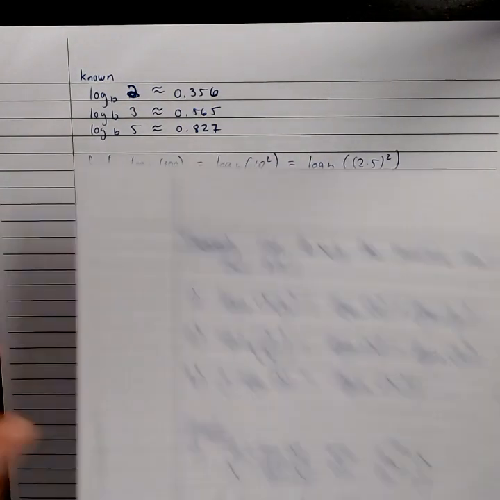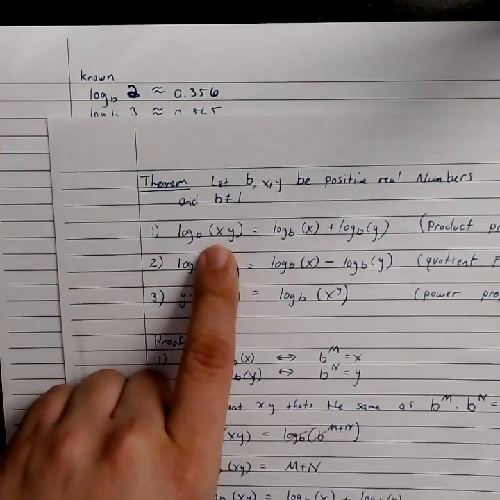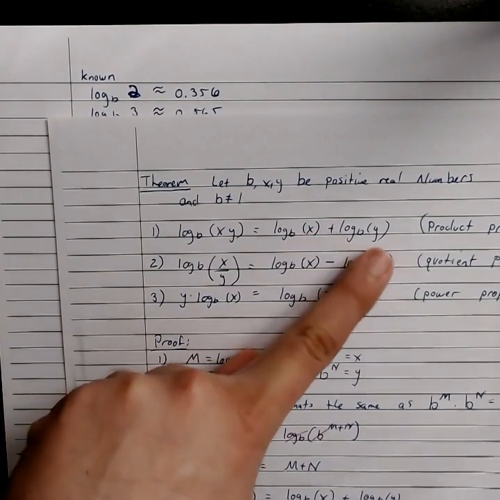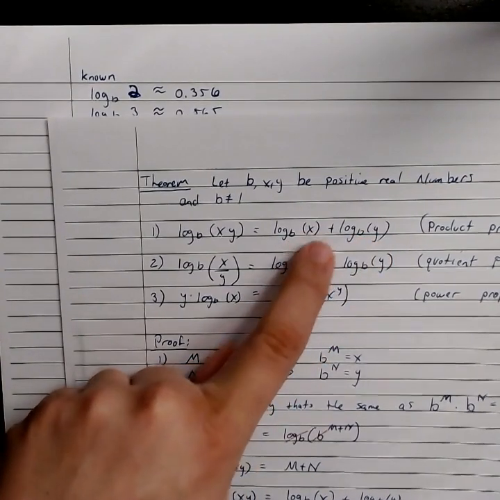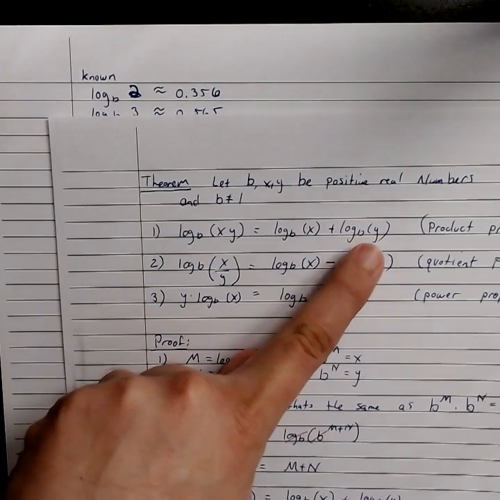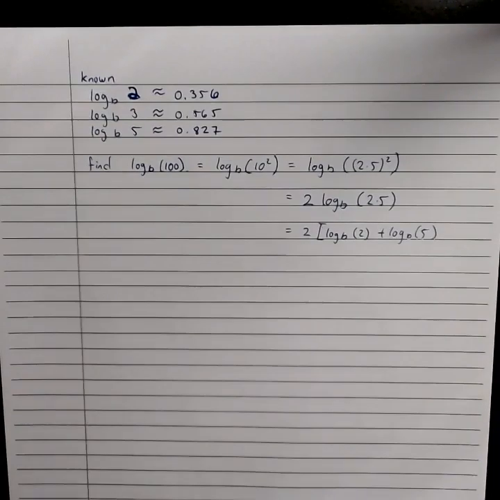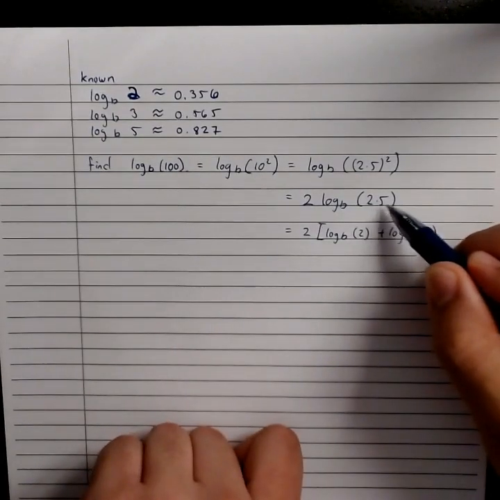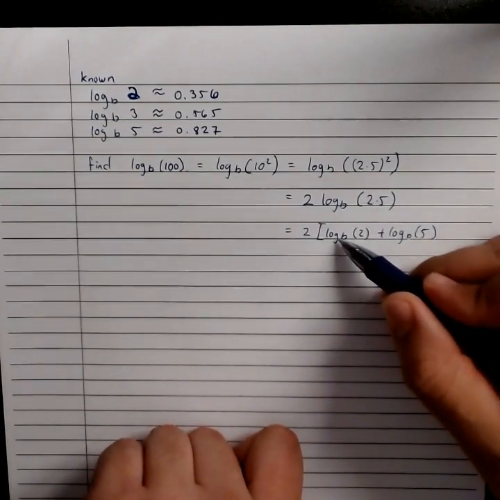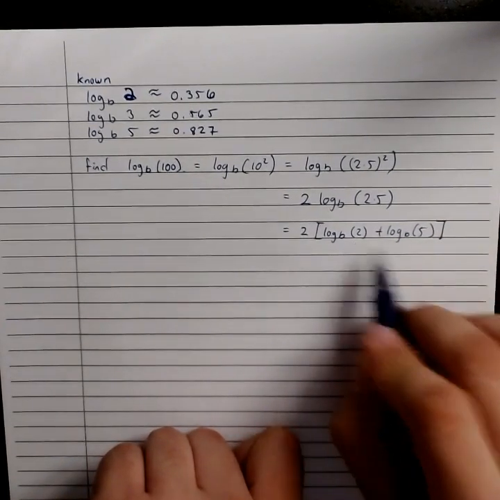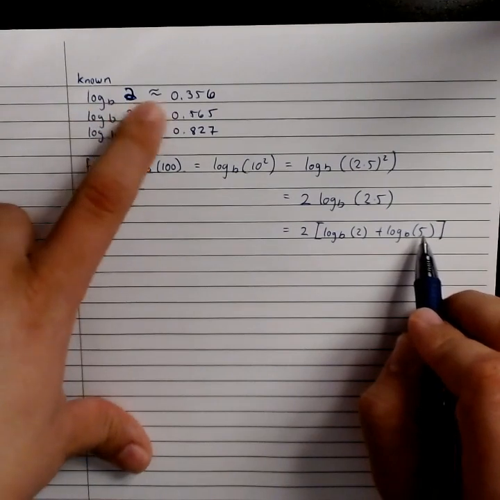If we have two things multiplied together in a logarithm, we can write that as the sum of the log of the first factor and the log of the second factor. So these two numbers can be expressed as two separate arguments. But now I know what both of those are. I know log base b of 2 is that number.